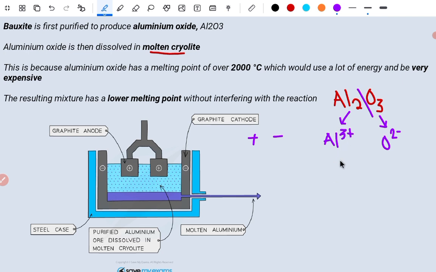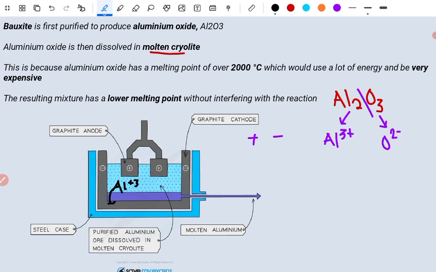Aluminium positive ions carrying a 3+ charge will get attracted towards this negatively charged cathode.